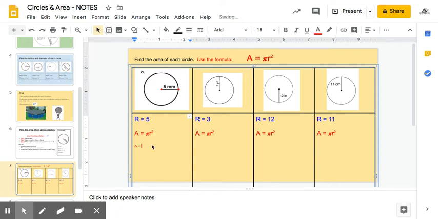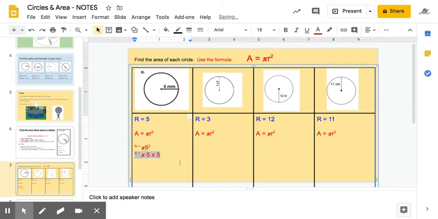I'm going to bring down the A because I do not know what A is just yet. Then I'm going to bring down the equal sign. I'm bringing down pi. Okay, then the radius is 5, and I'm squaring that. So that means take 5 and multiply it by itself, which is 5 times 5.